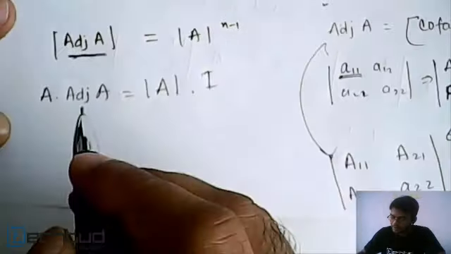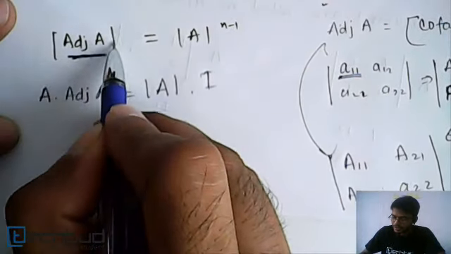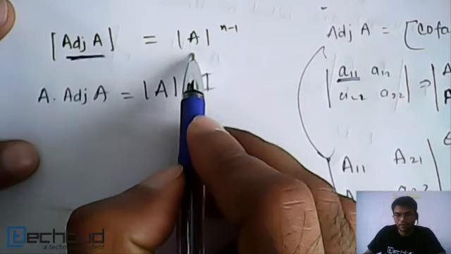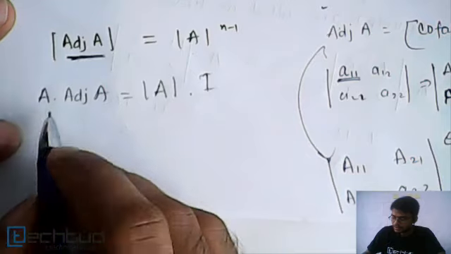So the property is that the determinant of adjoint A is equal to the (n minus 1)th power of the original determinant.